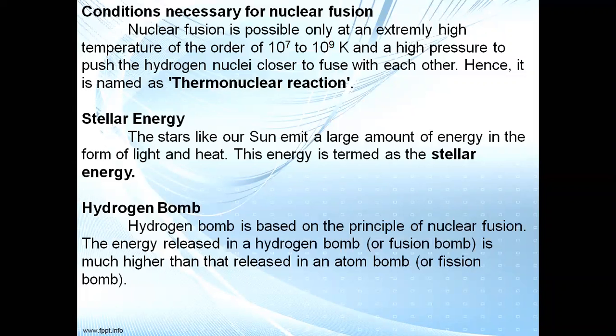At what time does nuclear fusion happen? At high temperature. The sun and stars are very hot, with high temperature. At that place, on the inner side of the sun, nuclear fusion happens.